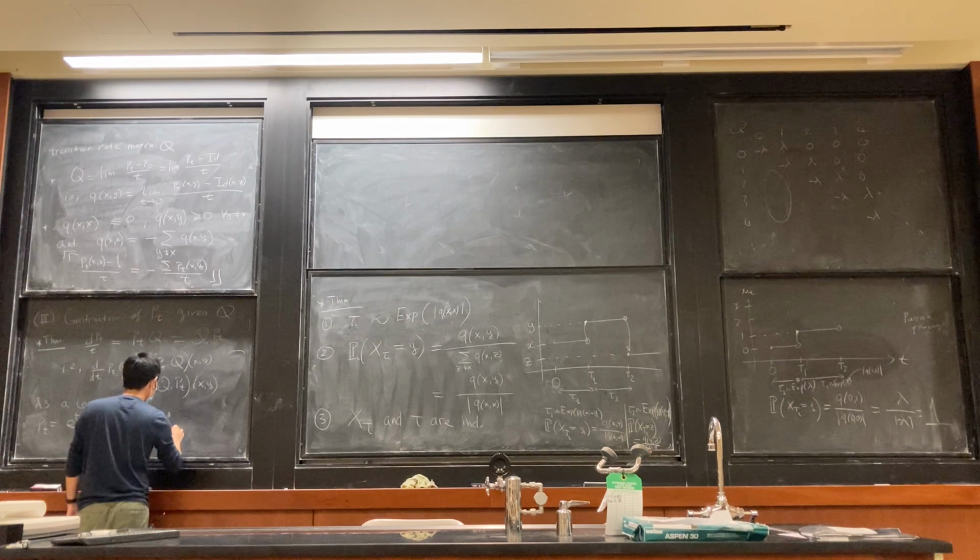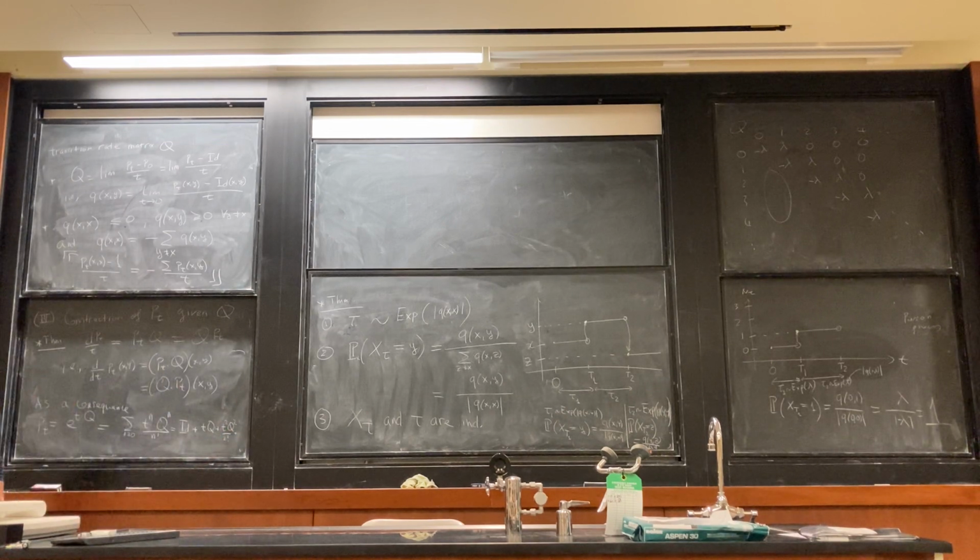If I want to write it explicitly, it is the identity matrix plus tQ plus t squared Q squared over 2 factorial plus so on. So P_t, the transition matrix, can be written as a Taylor expansion involving Q. Remember, this is just the notation that they use.